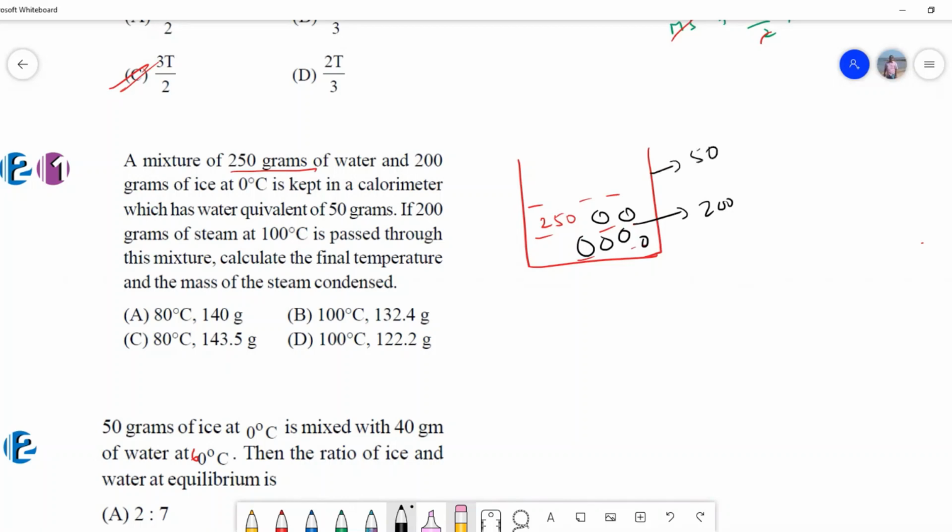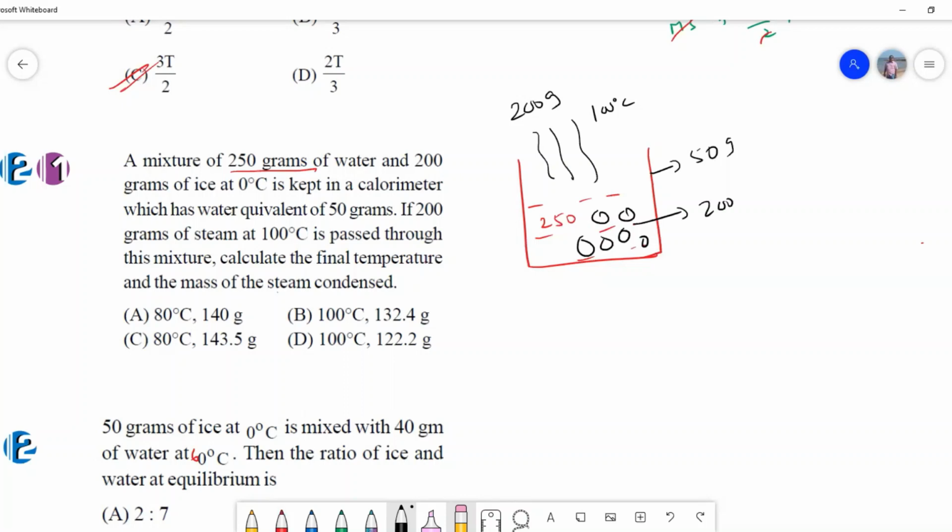Calorimeter has water equivalent, that is MC is given, and that is 50 grams. If 200 grams of steam at 100 degrees centigrade is passed through the mixture, calculate the final temperature and the mass of the steam uncondensed.